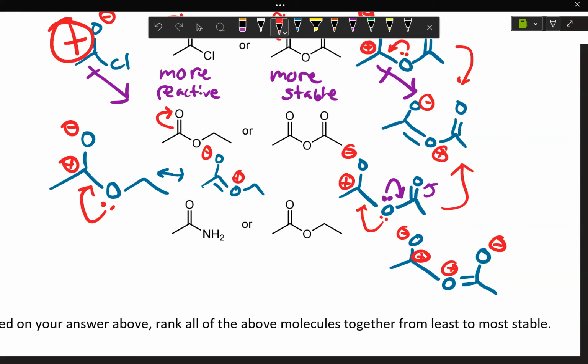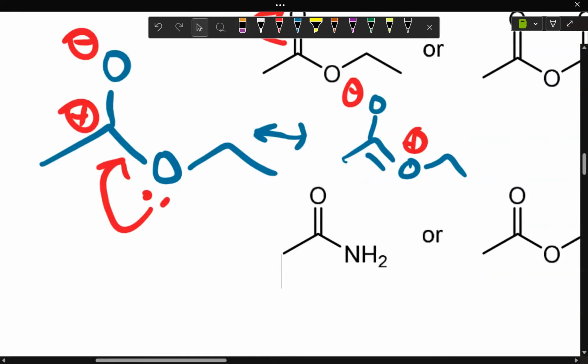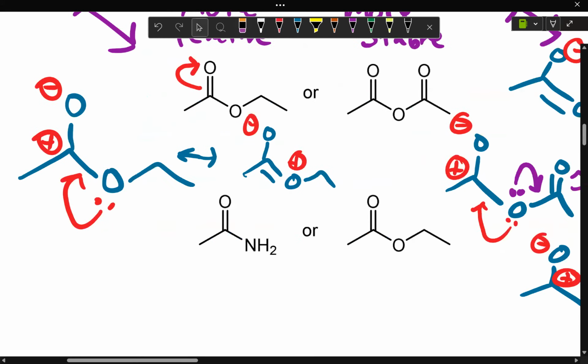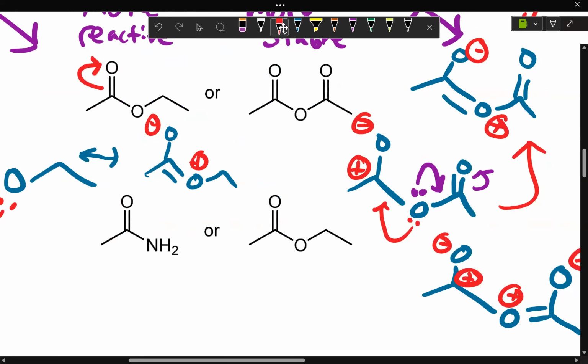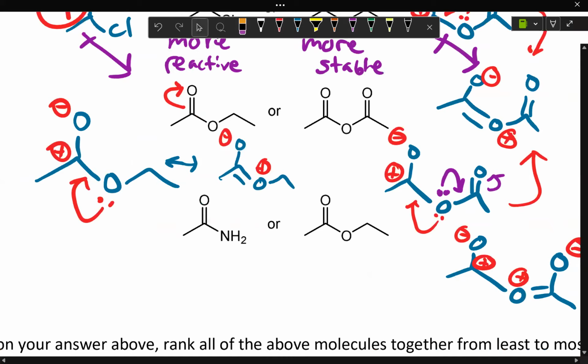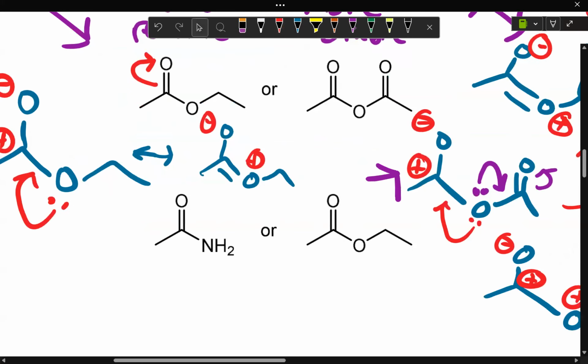Another explanation is we only want this oxygen to do resonance with this carbon. We don't want this oxygen to do resonance with the other carbon, like in the anhydride, because we want to stabilize this positive charge.